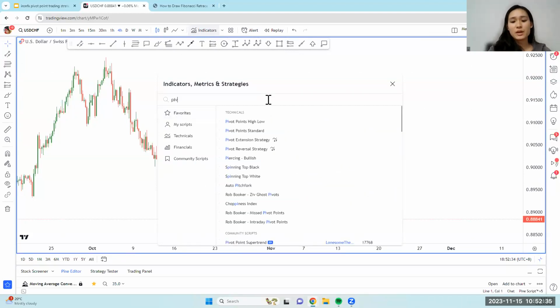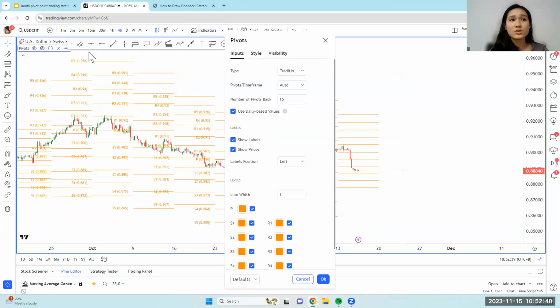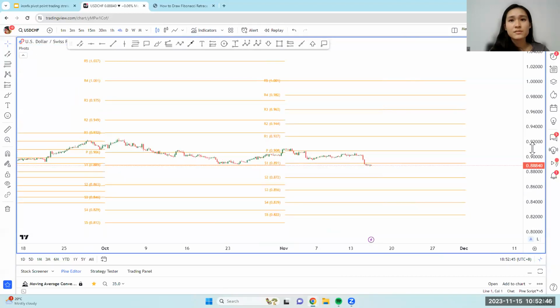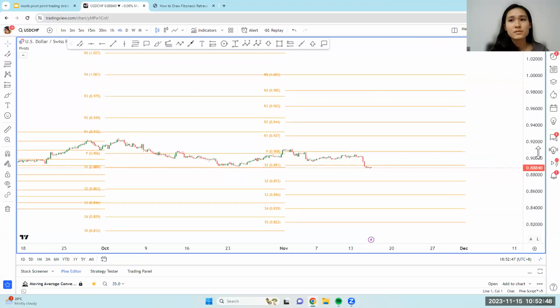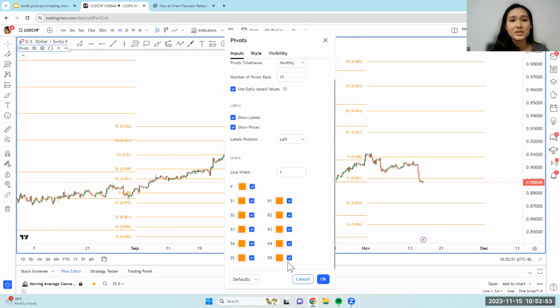So I'm gonna go in with my pivot points again to help me identify any significant levels a lot faster. Okay, monthly. Okay, I don't like there being so many levels.